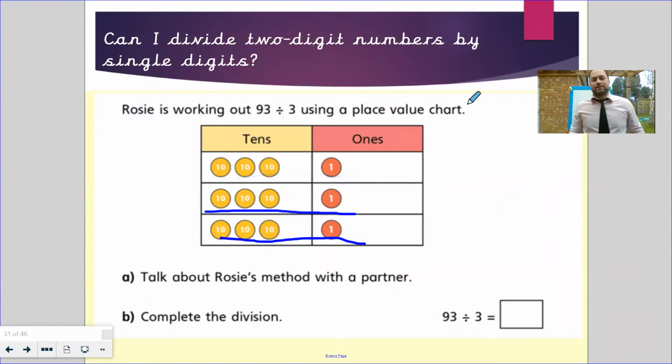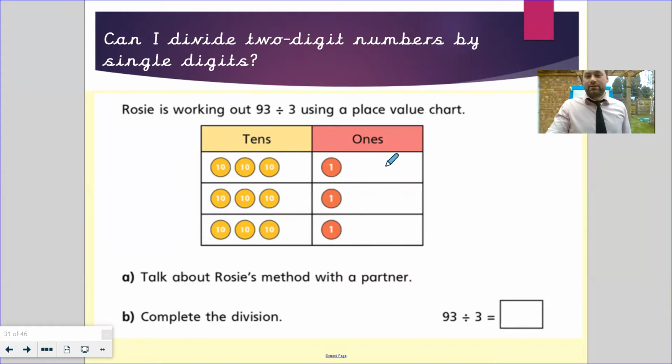What she then does is she sees how many 10s and 1s are in each group. And that's going to give her her answer of 93 divided by 3. So what does she do? She counts on. In this group, we've got 10, 20, 30, and 1, 1.